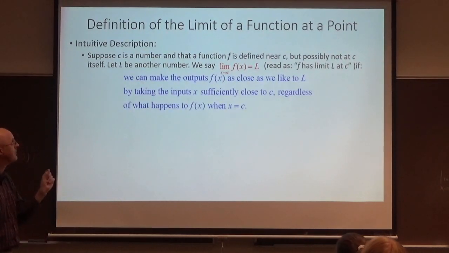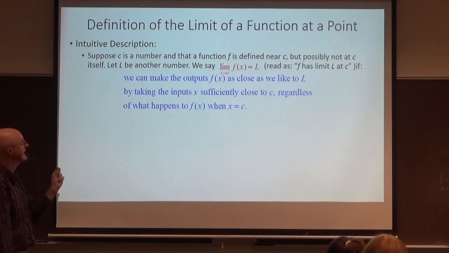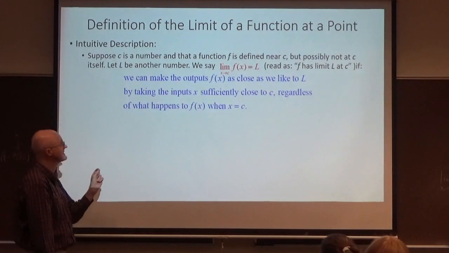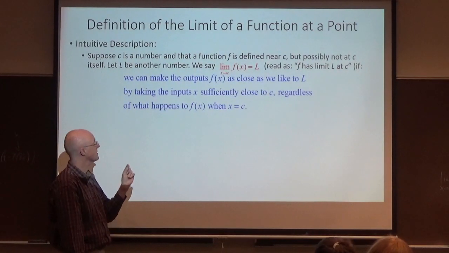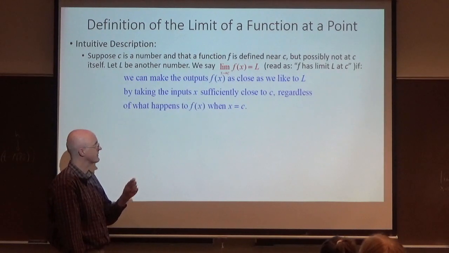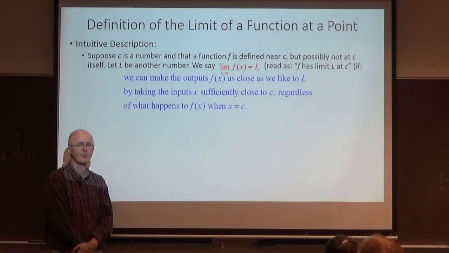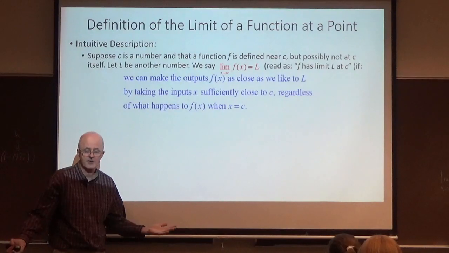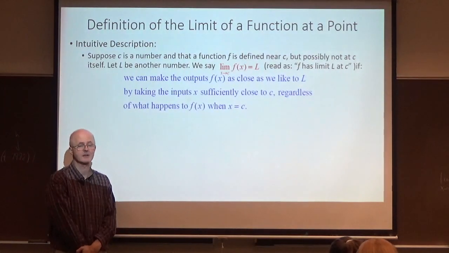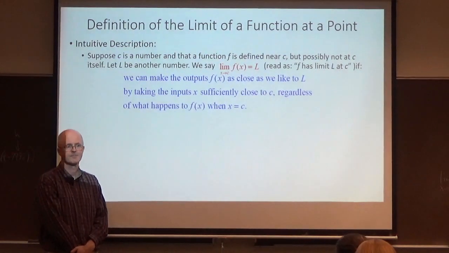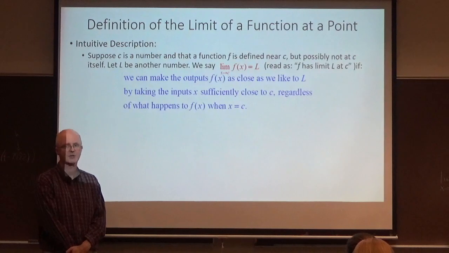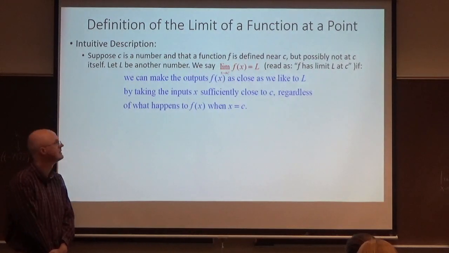We can make the outputs f of x as close as we like to L by taking inputs x sufficiently close to C, regardless of what happens to f of x when x equals C. It may not even be defined at C. F of C may be undefined, as it was in many of the examples we looked at. Three rational function examples.